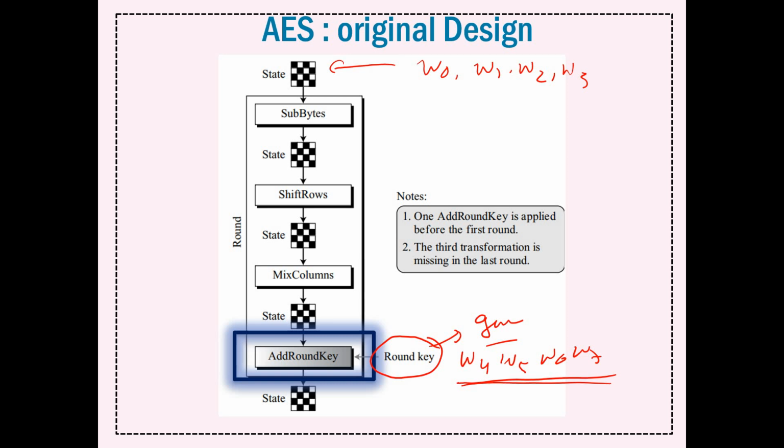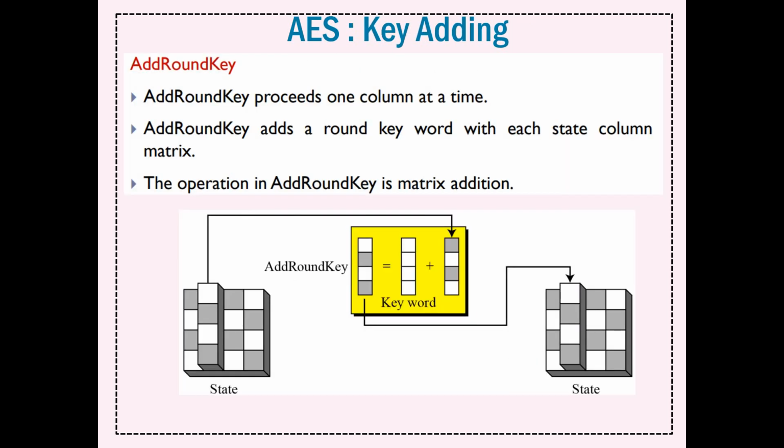So what will happen? The process will undergo something like this. This is the state again. Each and every column will be combined with the corresponding column of the key as well. So this is my key. Remember W4, for example, is column-wise, so 4 bytes of information. These are my 4 bytes.